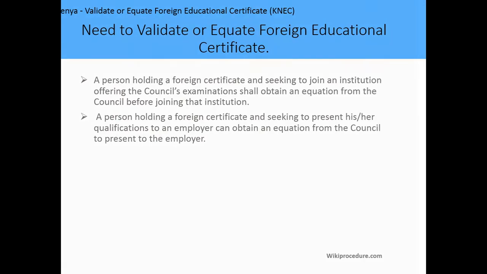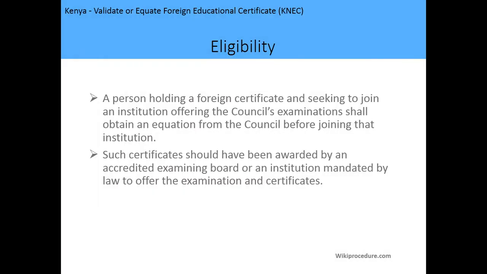So that's straightforward. The eligibility is, one, that a person holding a foreign certificate who seeks to join an institution offering KNEC examinations is eligible for the equation or validation.